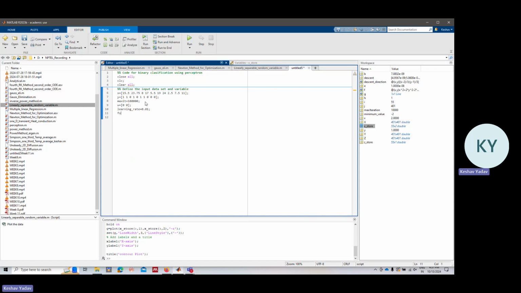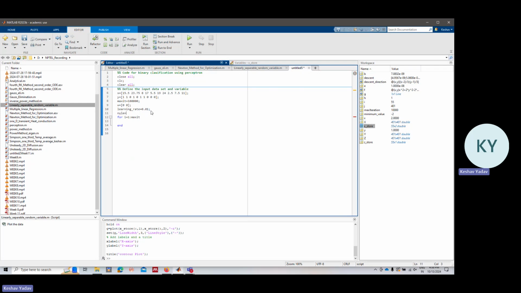So for i equal to 1 to maximum iteration, I will do. Now I need to find the number of variables, the number of data available here.